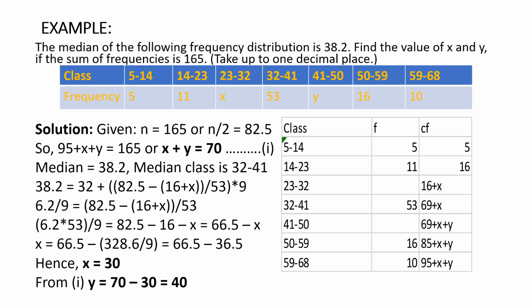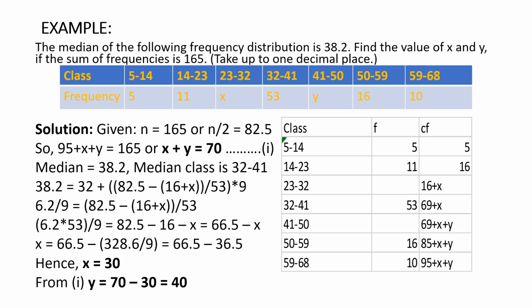Now next thing is, we are given that the median is 38.2. So it will lie in the class 32 to 41. From the given data, we have found that the median class is 32 to 41. Now we just put the values in the formula. Median 38.2 is equal to the lower limit of the median class, which is 32, plus n by 2, which is 165 by 2 or 82.5, minus the cumulative frequency of the class preceding the median class.